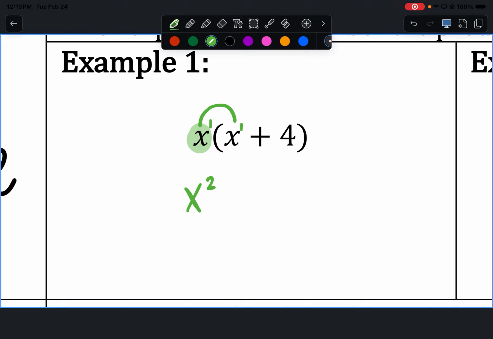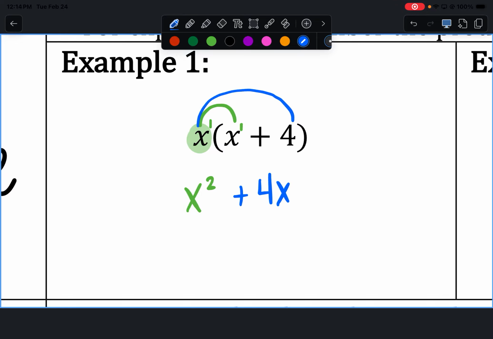So 1 plus 1 is 2, which is where we get the x squared from. What else do I need to distribute that x to? What is x times 4? 4x. Now, are there any like terms there? No. Is it already written in standard form? Yes. So there's nothing else we need to do there. If it's not in standard form, you have to put it in standard form. If there's anything you can combine, you do that.